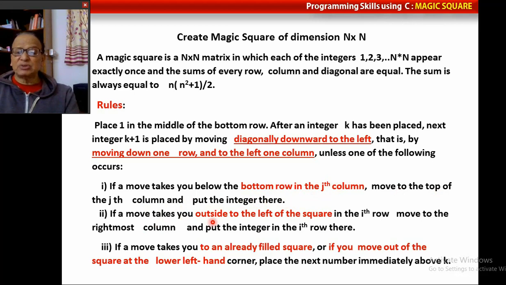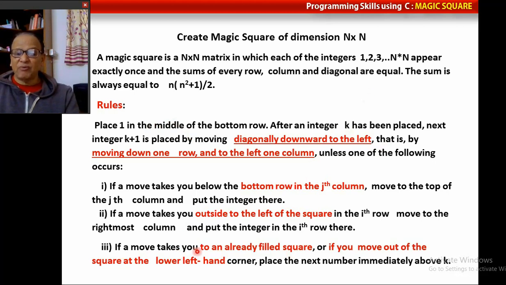Then if the move takes you outside the left of the square, as you saw in the case of 3, which came outside the left side of the first column, then you take it to the rightmost column and put it there in the same row. And if a move takes you to an already filled square, as you saw in the case of 4, which should have been placed on top of 1 but 1 was already there, we put it on top of 3. So that is the case.